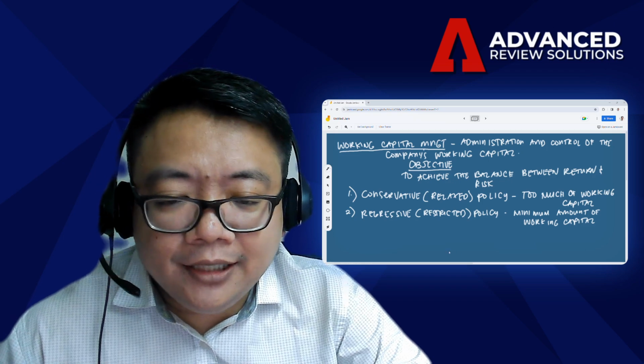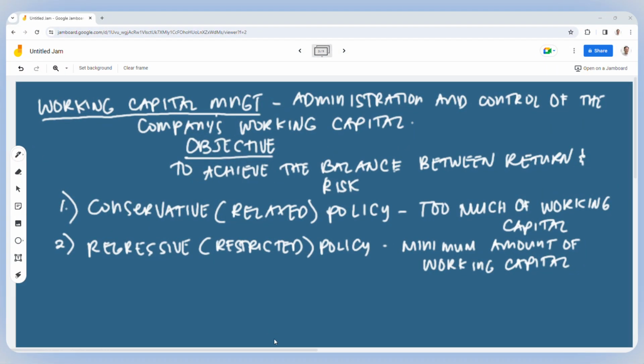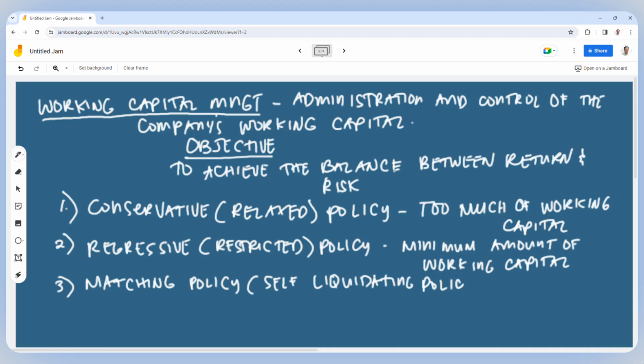Next one. Very important here is number 3. May tinatawag din tayong matching policy, or also known as self-liquidating policy, or hedging policy. Okay, ano naman to, class? Matching the maturity.